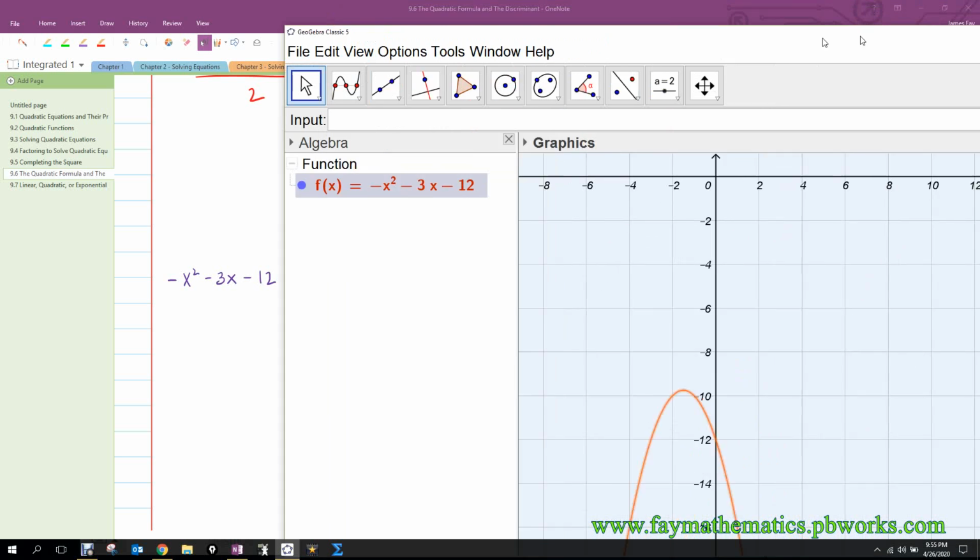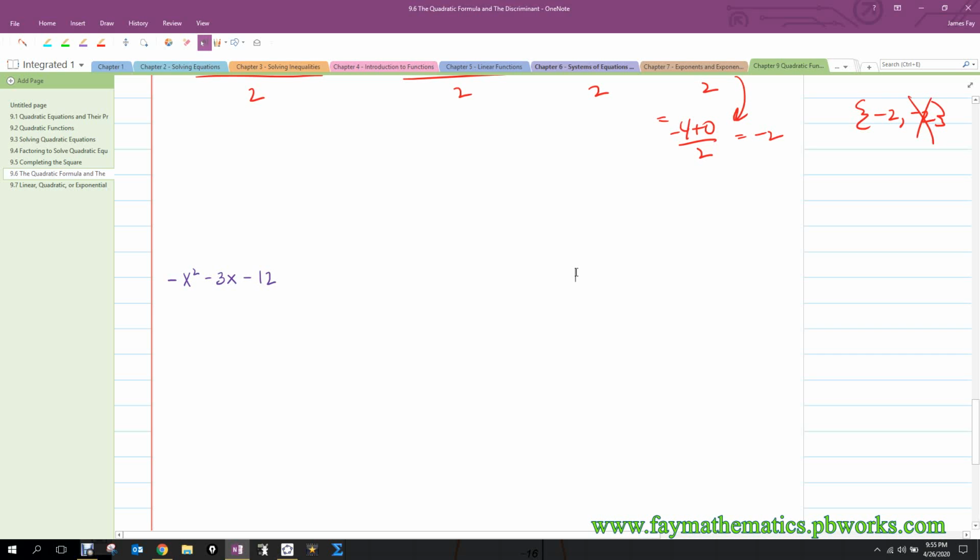Okay, so I want to show you what that means to us, or how that's interpreted through the algebra. So A is negative 1, B is negative 3, C is negative 12.